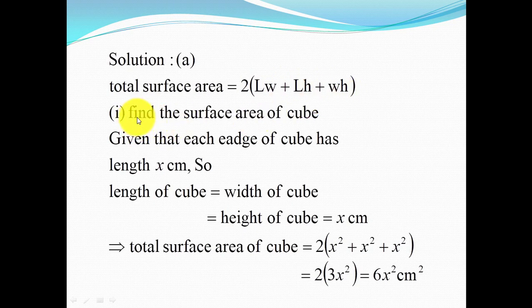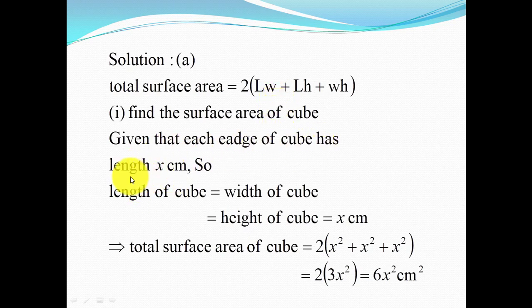First we find the surface area of the cube. In the given statement, each edge of the cube has length x. So this implies that length, width and height are each equal to x centimeter.